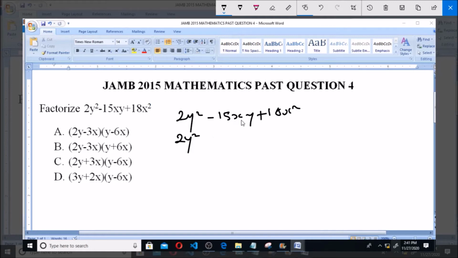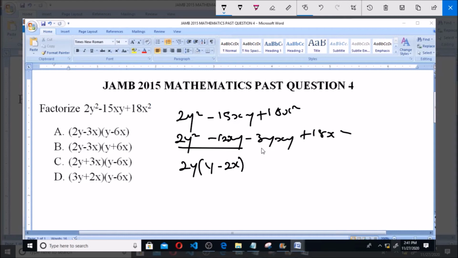So we'll now include the coefficient, which is xy. So we have 2y squared minus 12xy minus 3xy plus 18x squared. Now factorizing these first two, we have 2y into y minus 6x, sorry, because 2y times 6x will give us 12xy.